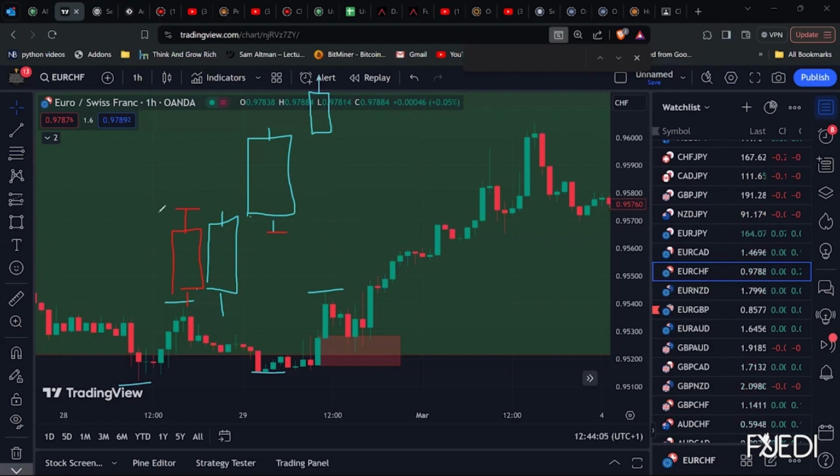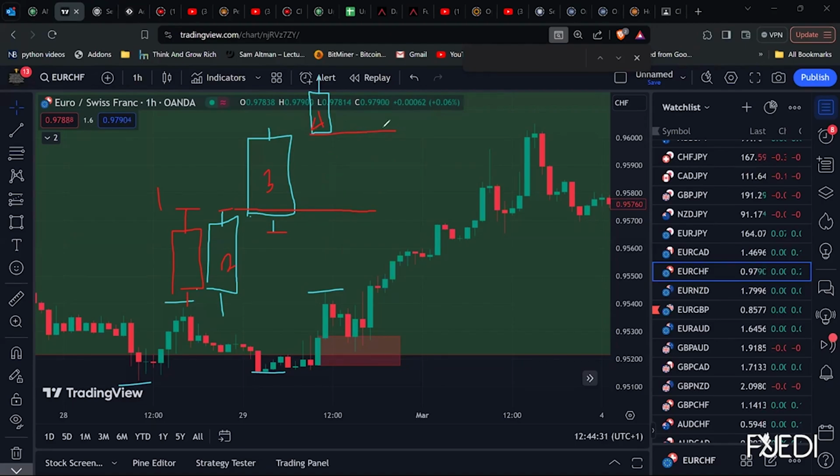If this is candle 1, candle 2, candle 3, and candle 4, notice that there's an imbalance between candle 4 and candle 2 because there's no connection. There's a gap, and this gap here is what we call an imbalance.